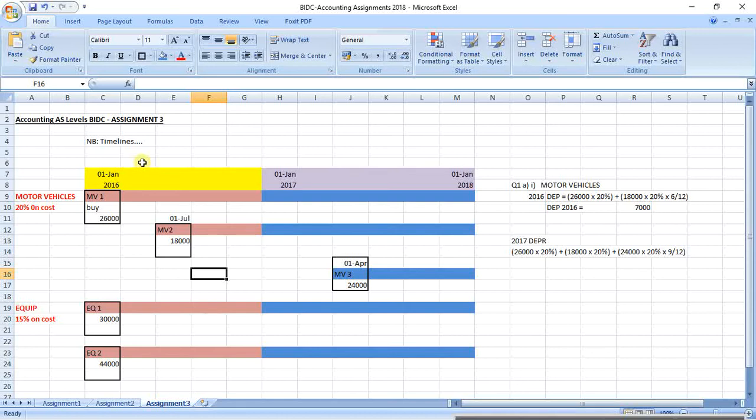Perfect. Okay, MB1 was the 26,000, hey? Just add an extra 0, and you got the right amount. Okay, so it's 26,000. Yes, that's the one.